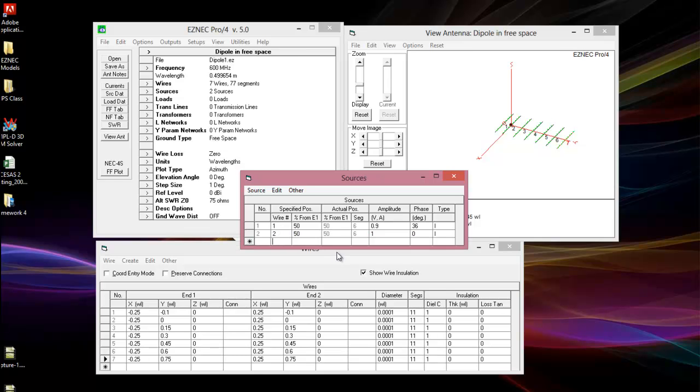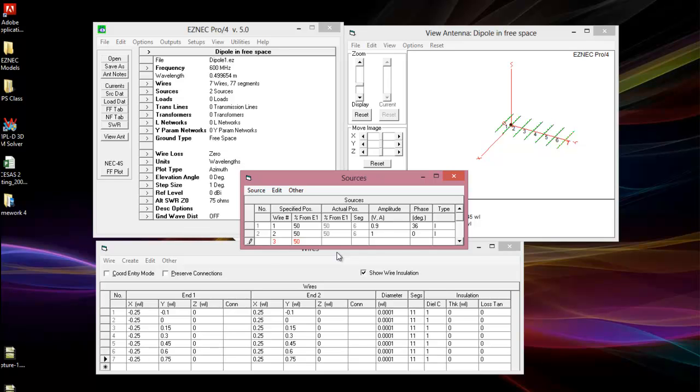For the third wire, it's gonna be the same, 50%, in the middle of the wire, and the phase is equal to minus 54 degrees.